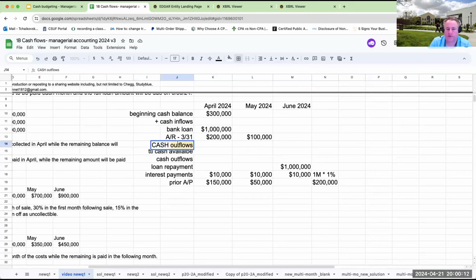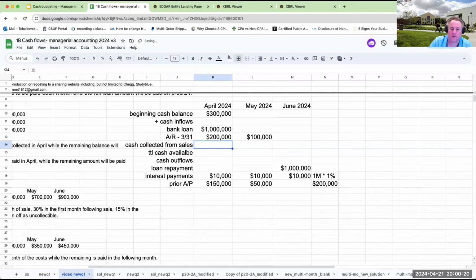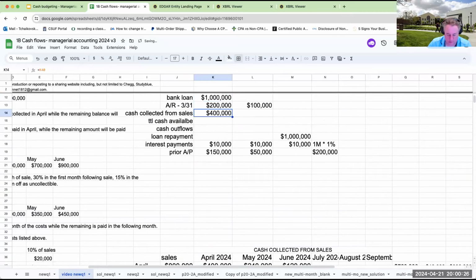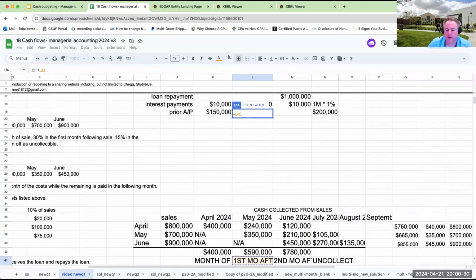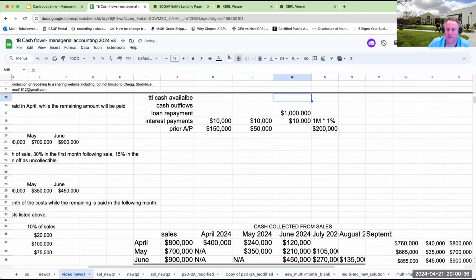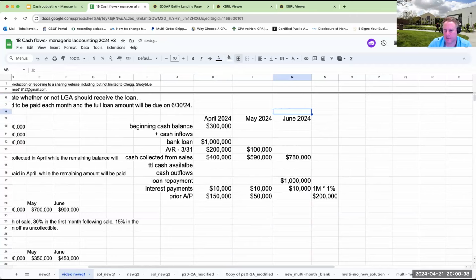So coming over here for April, my cash collected from sales for the month of April is going to be 400,000. For the month of May, this is going to be over here at 590,000. And then for the month of June, this is going to be 780,000.